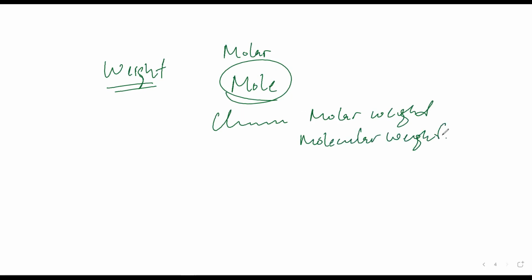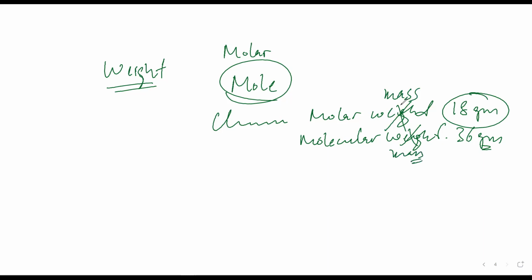They'll say the molar weight is 18 gram, or the molecular weight is 36 gram. But as a physics person, we should be very particular that this 18 gram can't be weight, it has to be mass. Have you understood what I've said? Yes. You will see this written in chemistry books also. But as a person who understands physics, we shouldn't make these kinds of mistakes. Are we clear about the difference between scalar and vector? Yes, sir.